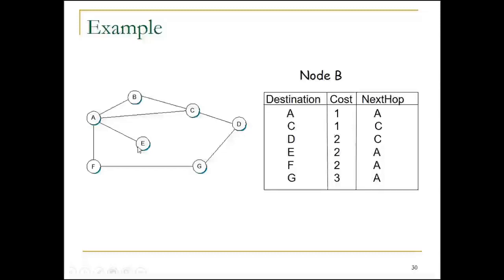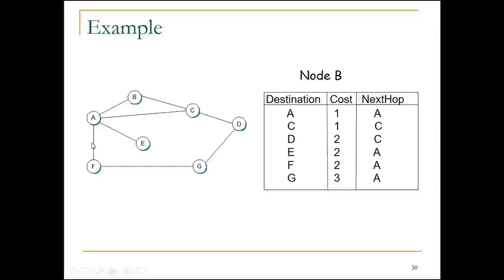Now you do have the option to go from B to C to A to get to E, but that would increase your cost by 1, 2, 3. So ideally, from B to A to E, which is 2, having the next hop as A will be the best option to move a packet across from B to E.